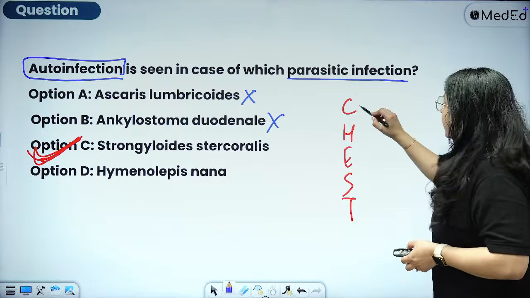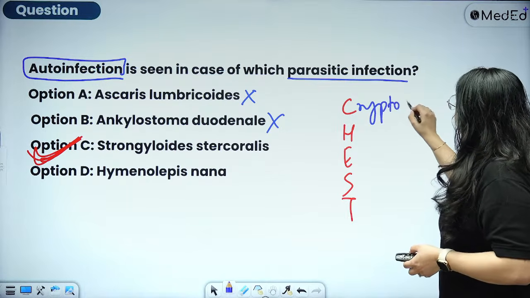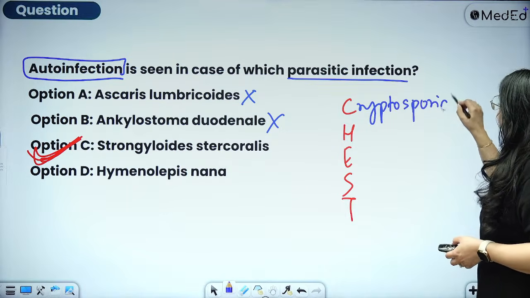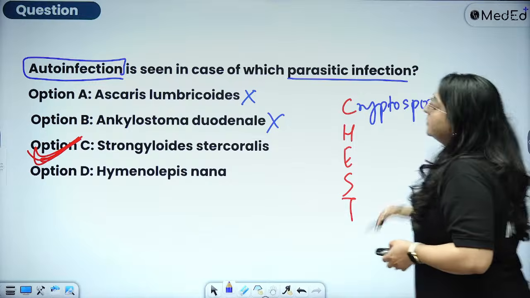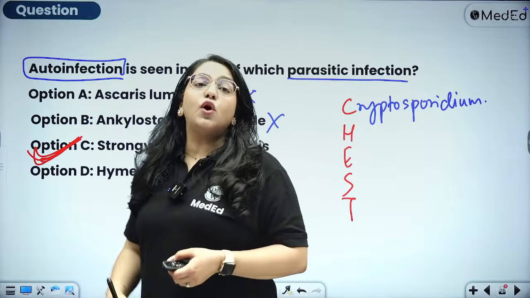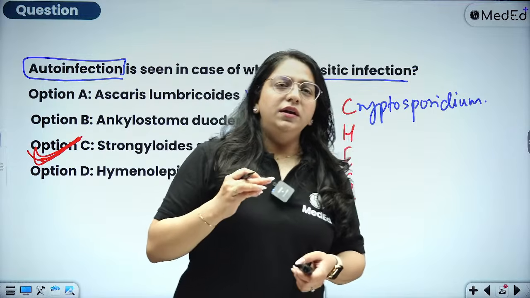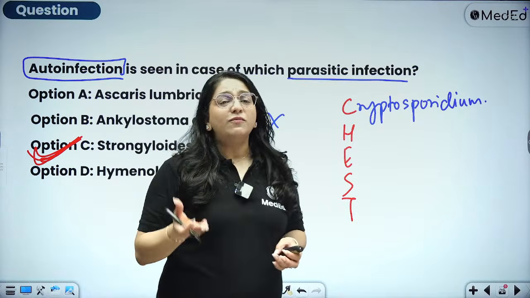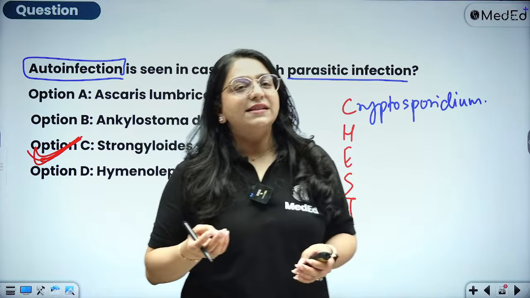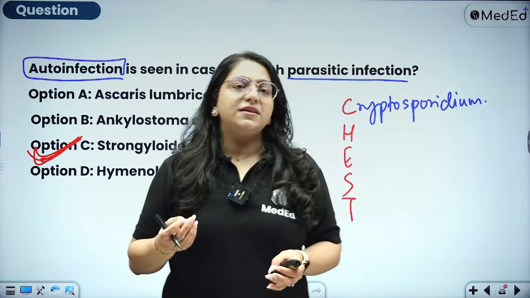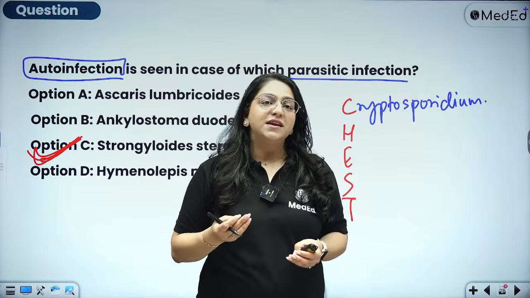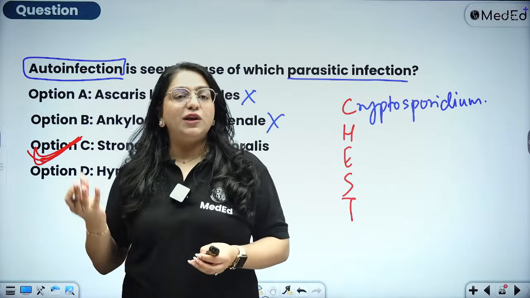CHEST: C is Cryptosporidium. Some of you say coccidian parasites. Please understand that the oocysts of Cryptosporidium do not have a double wall. Isn't it obvious that hyperinfection occurs particularly in immunocompromised patients, because the body's immunity is not able to attack and control the parasite?